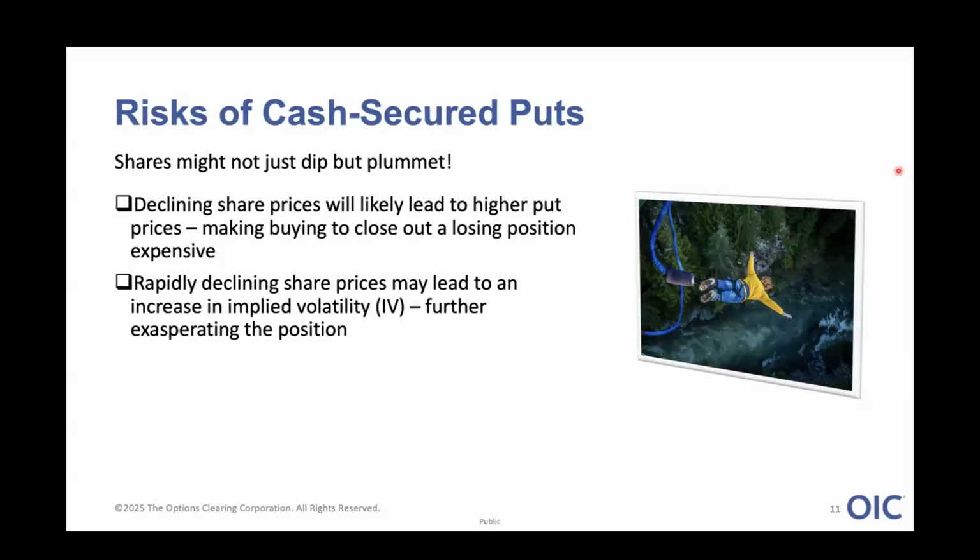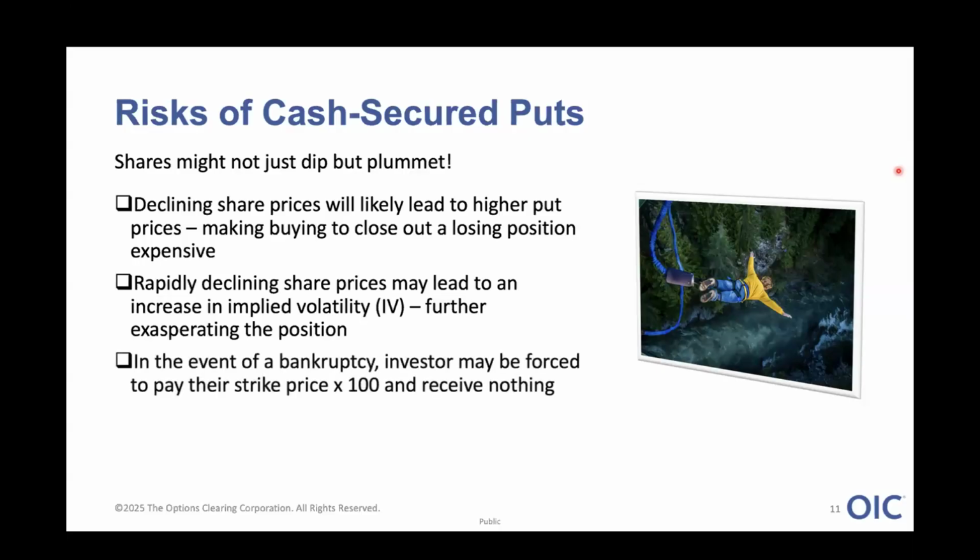All that natural demand for options raises the price of options, thus the implied volatility. So an increase in implied volatility is going to exacerbate a short put position, in other words, making those options more expensive to buy back should you need to buy them back.